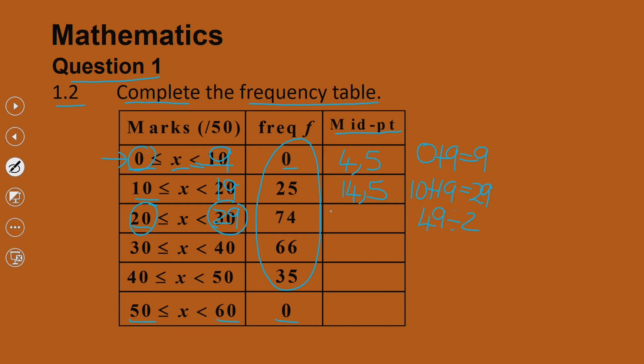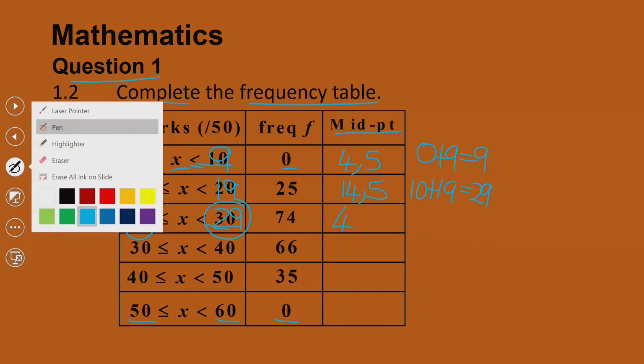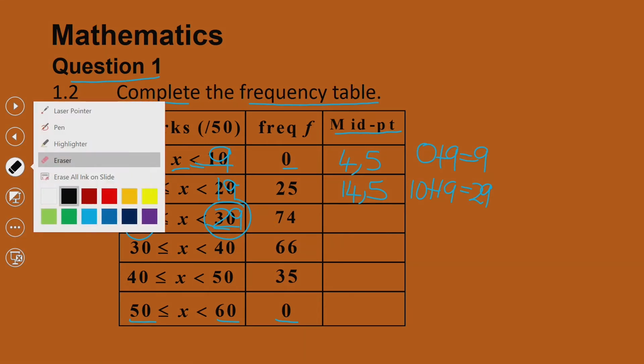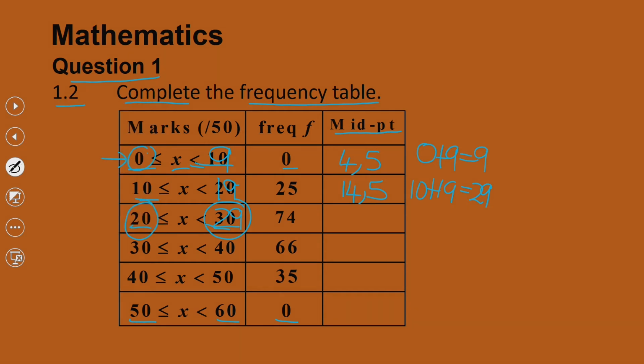So from here we say 20 up to 30, but which is actually 29. 20 plus 29 gives you 49. And the 49, we then divide 49 by 2. When you divide it by 2, what do you get?